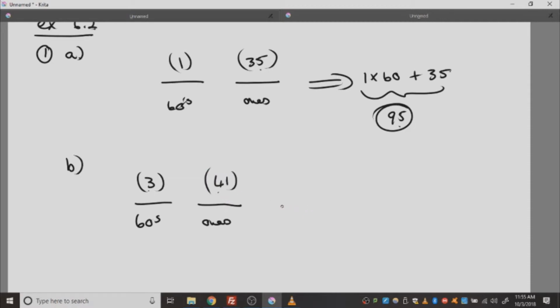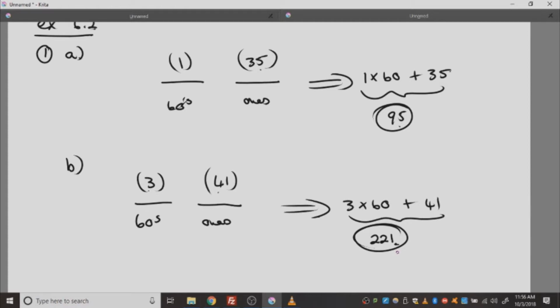I write it in brackets because that's just temporary, right? So 3 groups of 60, which means multiplication, and 41 left over for a total of, put a circle around it so I can spot it, arrows, answer here. What you do on the way to get that, totally up to you.